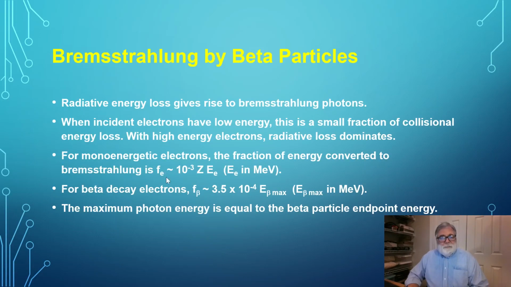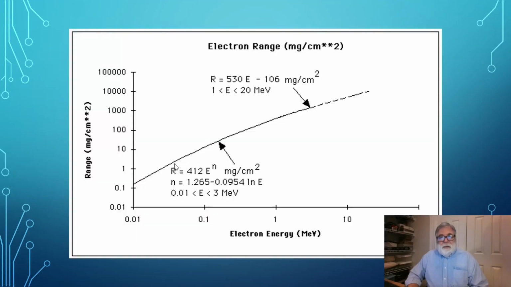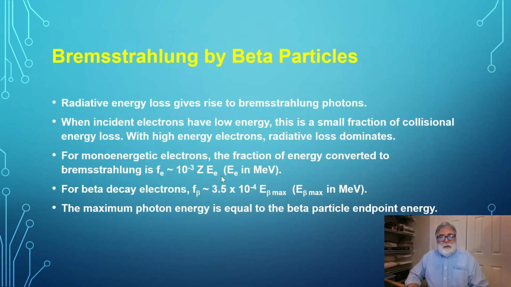For beta particles, the fraction of energy of the beta particle that is transmitted or converted into photons is 3.5 times 10 to the minus 4 times E, and we use beta max in this case. Now, I do want to point out that this number, 3 times 10 to the minus 4, is about a third of 3 times 10 to the minus 3. And we saw before that the average energy is about a third of the endpoint energy.